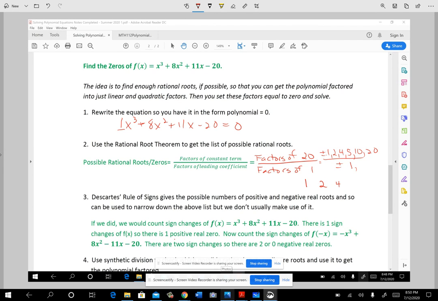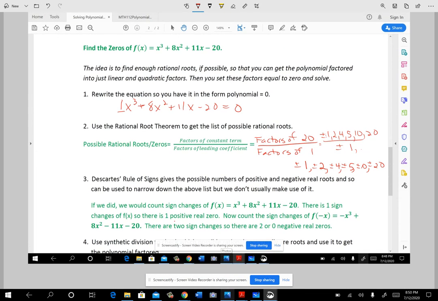But if this had been a 1 and also a 2, I would have to go back and do 1 over 2. I'm going to do some other examples and show you that as well. So this is plus or minus 1, 2, 4, 5, 10, and 20. Those are the only possible nice solutions to this equation in number 1.